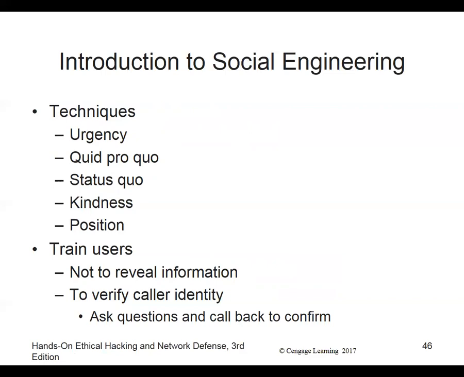So, okay, train users not to reveal information. That's hard. That's why when Brad's place did it, it's like, seriously? They actually do that? Kind of fun. Okay. Verify your identity, but again, that's hard. Kevin talks in one of his books that when the government was catching on to him and was trying to catch him, there was one telephone company that they told, Kevin Mitnick is trying to break into your company.